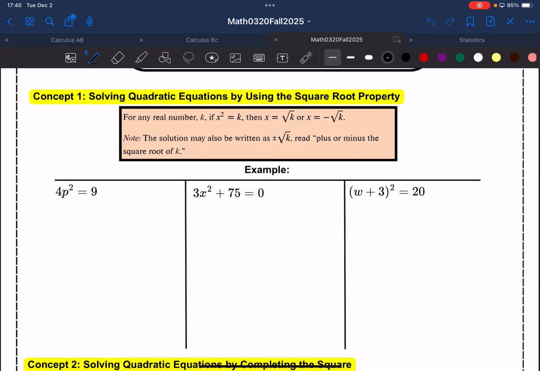So this is where we were talking about it a little bit yesterday, how if we have something squared and to undo it we take the square root, we're going to get not only the positive answer but also the negative answer. And we write that solution like plus or minus the square root of k. And of course k is a number, and we're going to be solving the next three examples, and you'll see where those numbers are coming from.